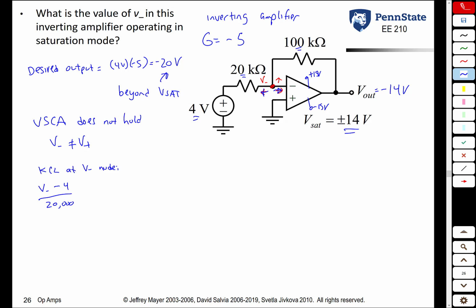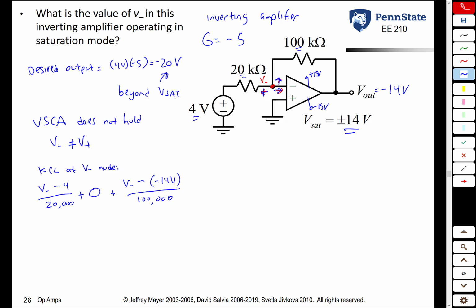The current to the right is what? 0 amps. Once again, this ideal property of the op-amp still holds. The current into the inverting and the non-inverting terminals is going to be 0 even in saturation. The third current, the current going up here, is what? V minus minus negative 14 volts over 100,000.